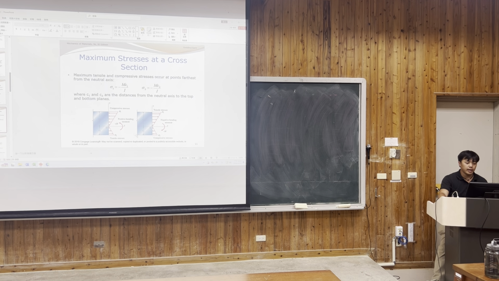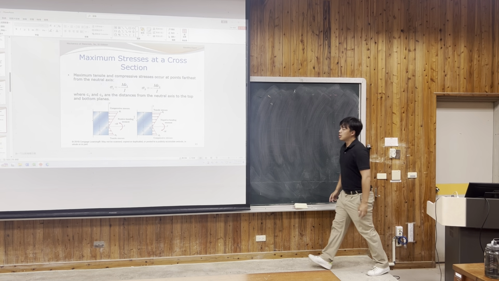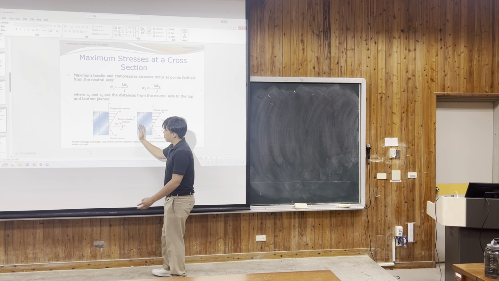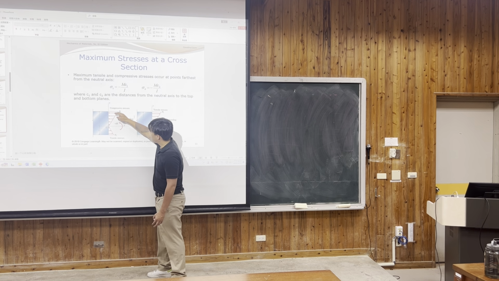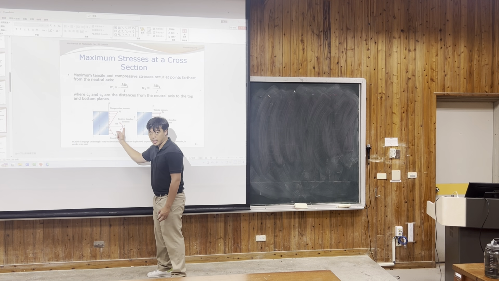You can see right here in these two graphs, this part is the positive bending moment. If it bends positive, this part will be compressive, right? It's easy to imagine. So this part will be the tensile part.